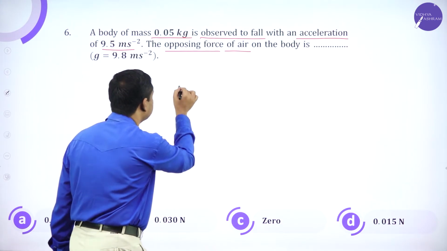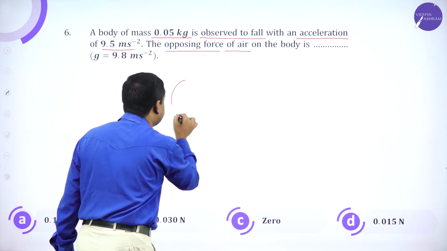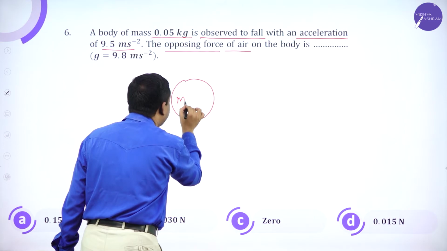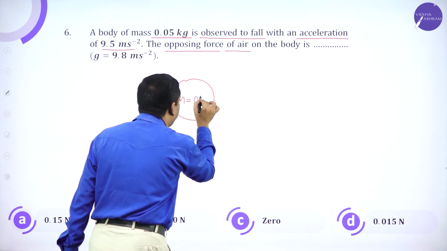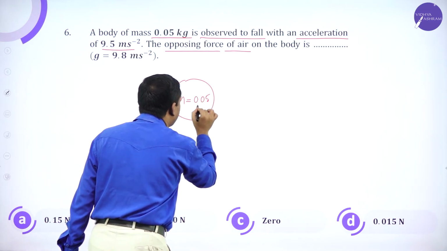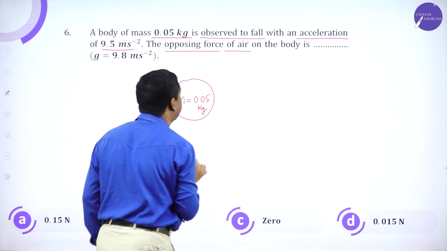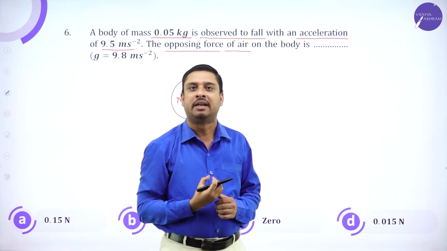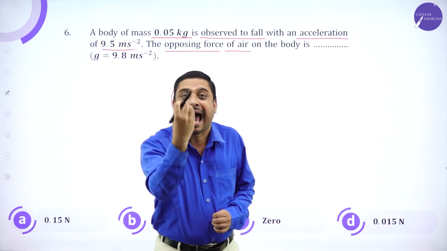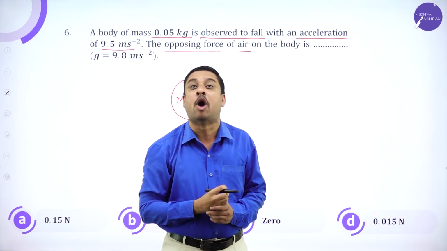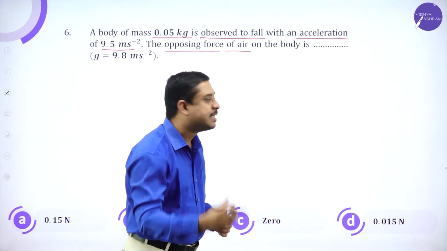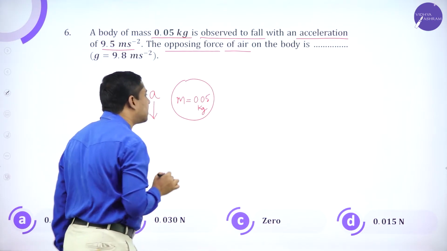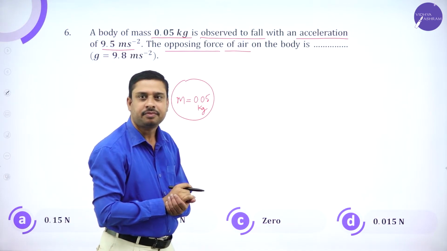And there is a body of mass 0.05 kgs which is falling down. It is accelerating downwards. It is coming down with a certain acceleration.